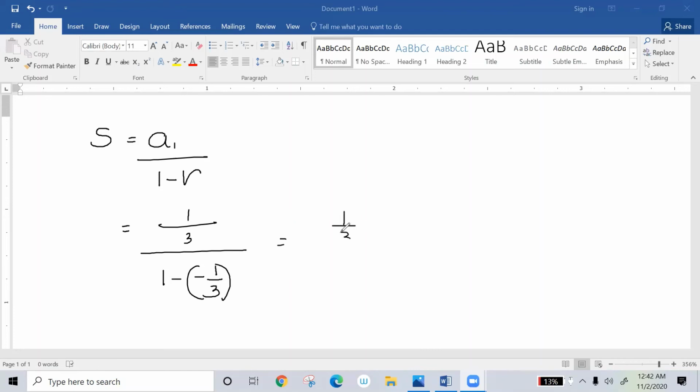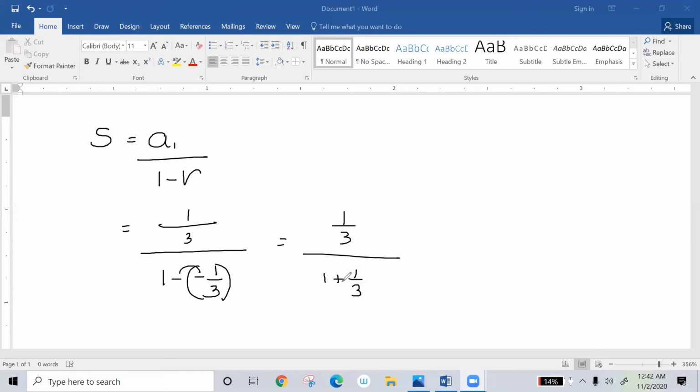Okay, then simplify. 1 over 3 all over, what is 1 minus negative 1 over 3? Since we have two signs together, we need to simplify. Negative times negative is positive.